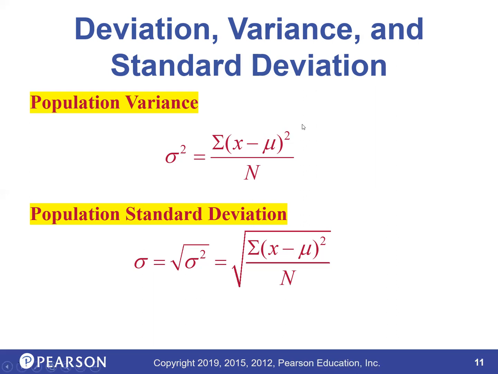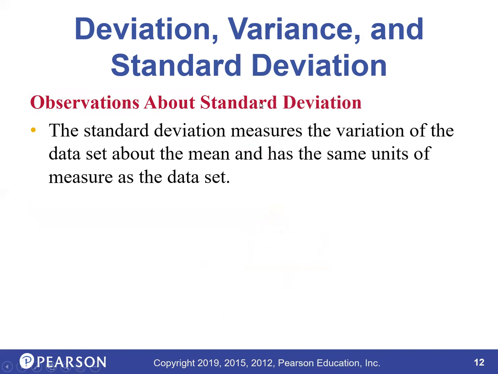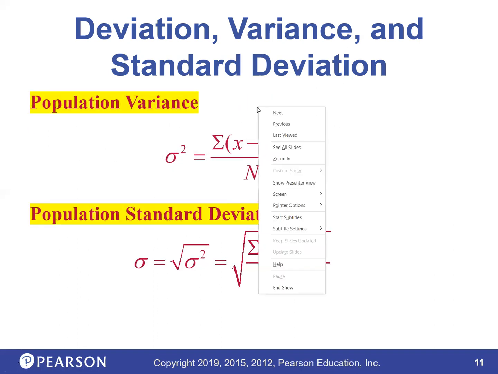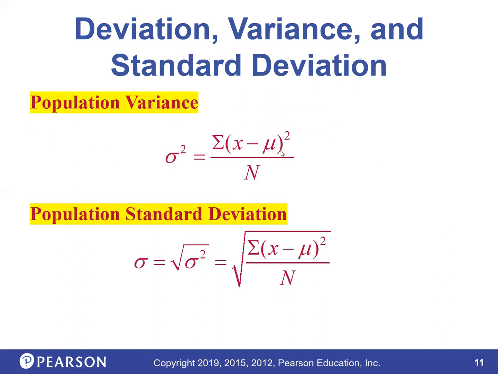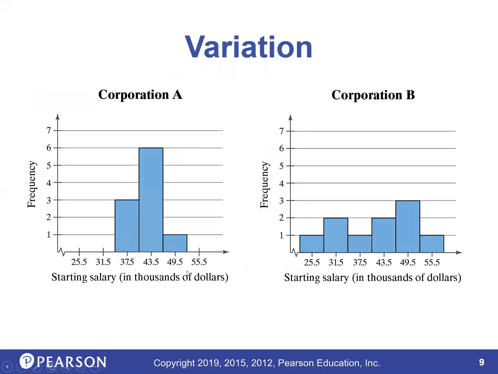Good. Now, I'm going to go back a little bit to corporation A, corporation B. Remember how we looked at it earlier? This is kind of the issue here, that both of these have the same average. The median would actually be the same for both.